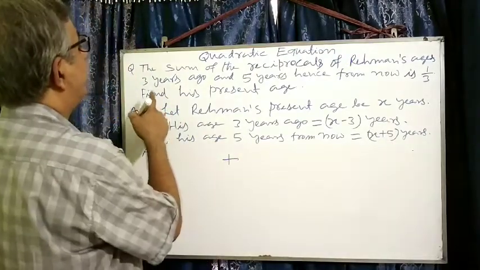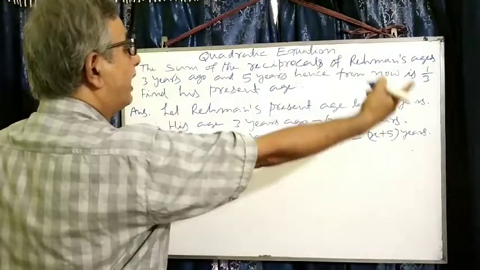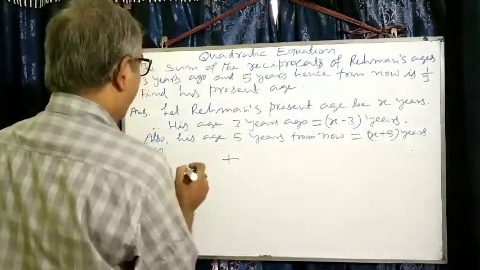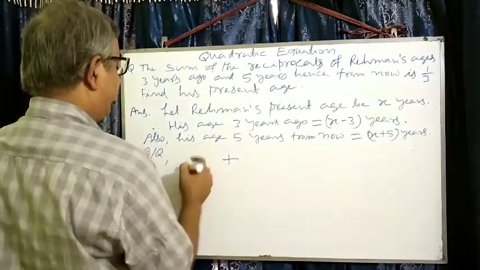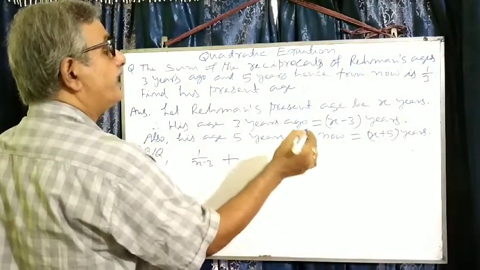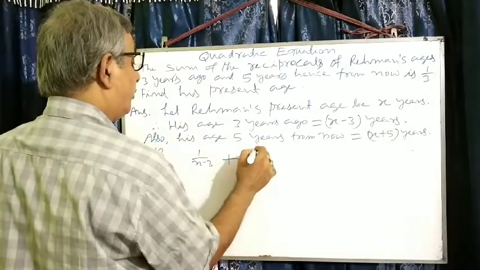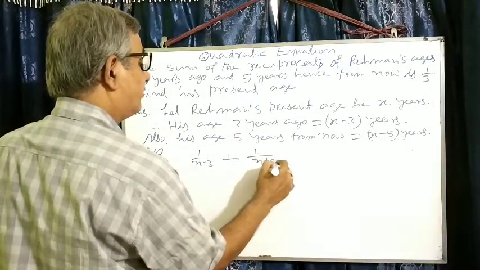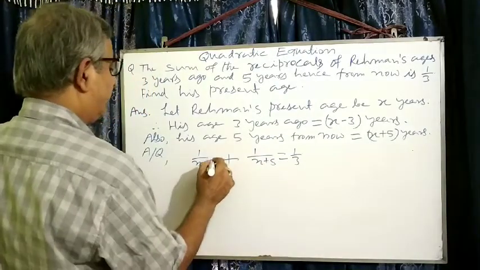Sum of the reciprocal of his age 3 years ago and 5 years from now. Reciprocal. So you see, what will be the reciprocal of x minus 3? So 1 by x minus 3. What is the reciprocal of his age 5 years from now? 1 by x plus 5. That is equal to how much? 1 by 3. Okay.